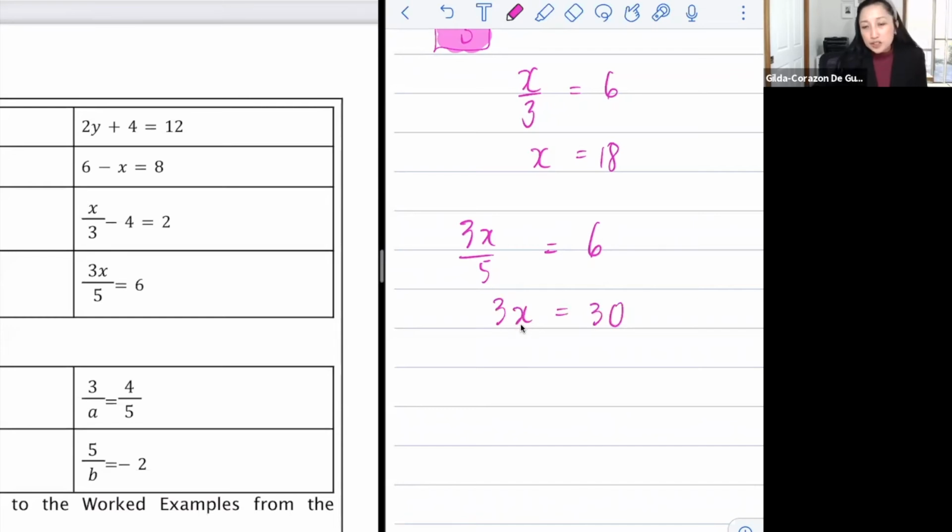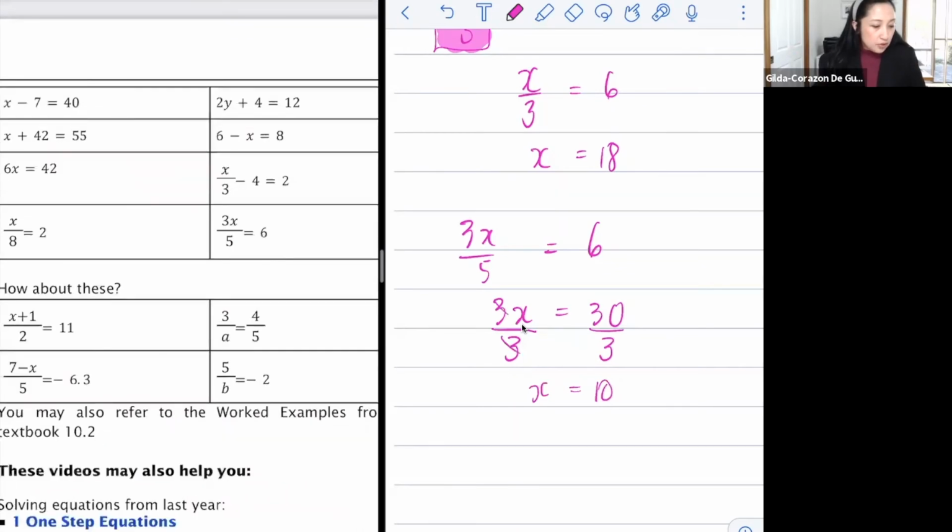Now, what's the operation between 3 and x here? It's multiplication, and therefore the inverse of that would be dividing. So now we divide by 3. Whatever we do on one side, we do to the other so that it's balanced, right? So then we get x equals 10. Yeah?